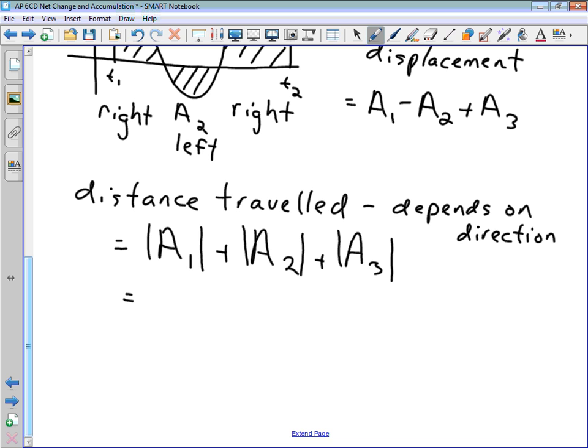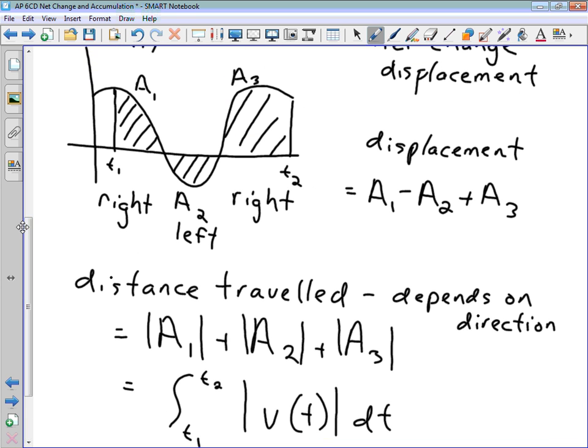Or if we were doing this using integrals, we would want the integral from t1 to t2 of the absolute value of our velocity function, okay? Taking into account the fact that our velocity has these intervals that are positive and negative.